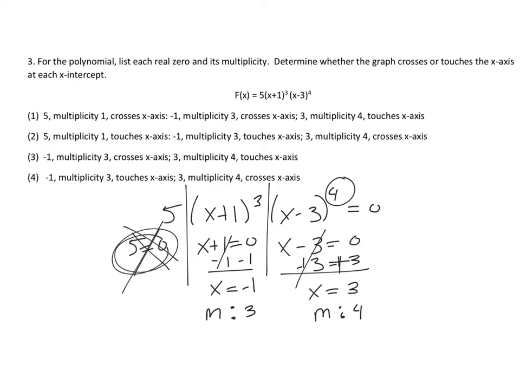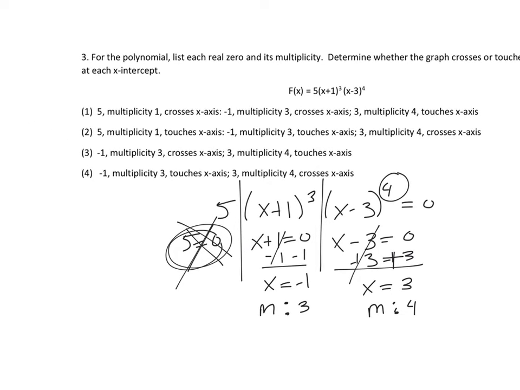So looking at my choices, I can cross off choices 1 and 2 because there's no 5 in your answer. It does not exist. You can't have 5 equals 0. Now I'm down to negative 1 with multiplicity of 3, crossing or touching. The only difference between these two is if it crosses or touches. If you remember, I told you even, touches; odd, crosses.